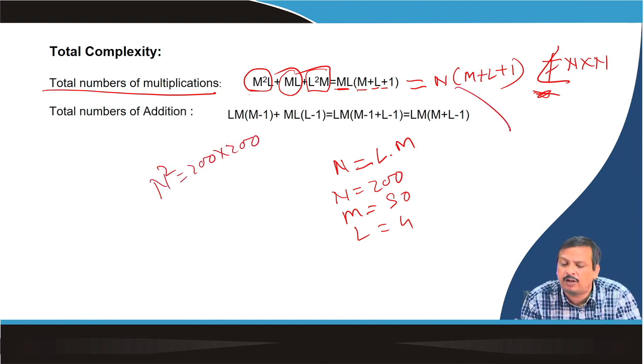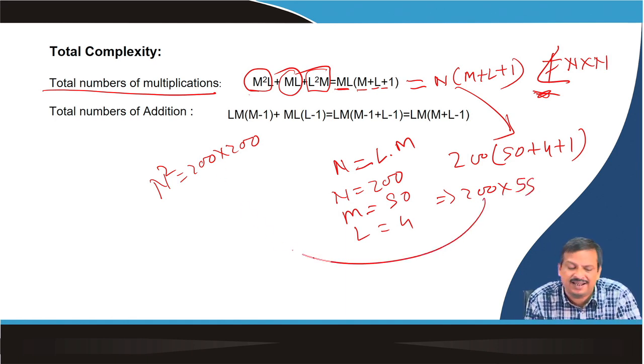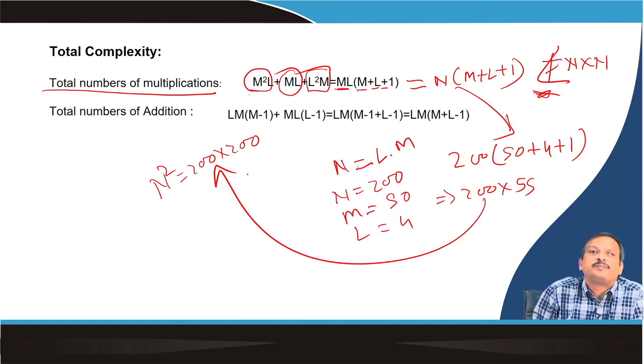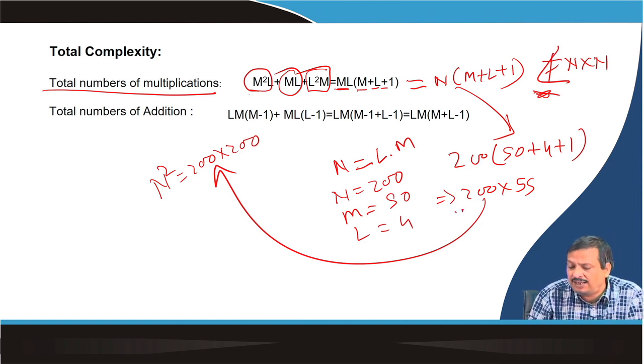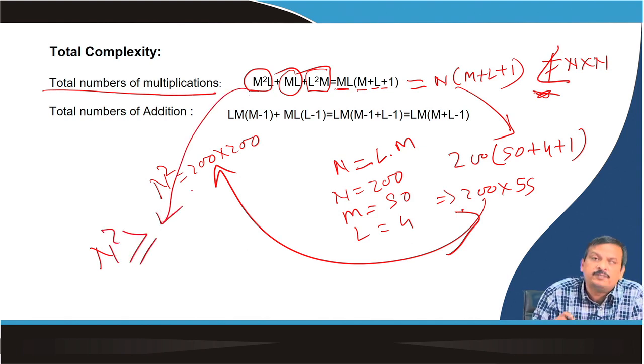Now what is the computational complexity here? It is 200 into (50 plus 4 plus 1), so it is nothing but 200 into 55, which is much less than this one. So this N square is much greater compared to this one.